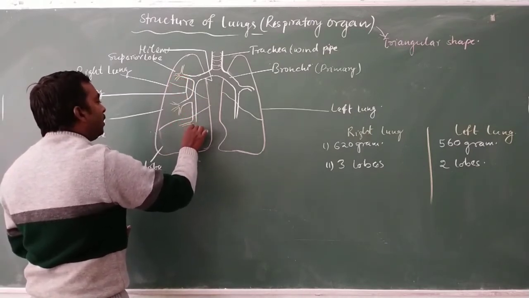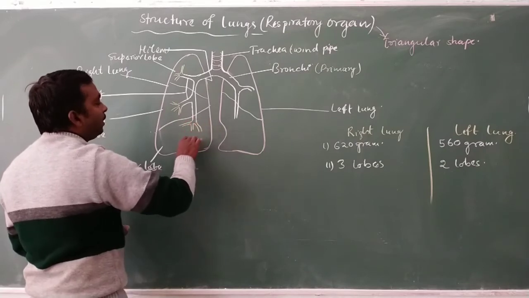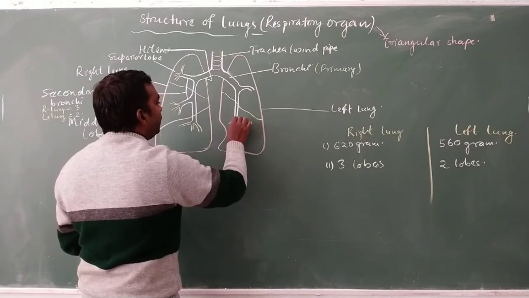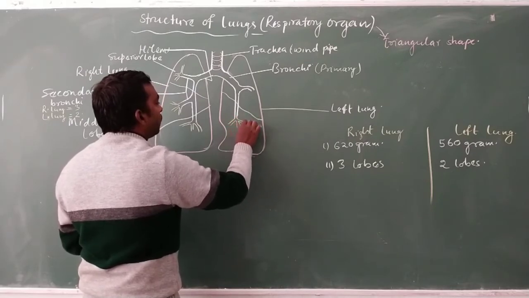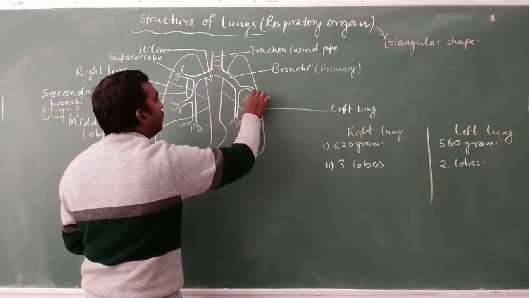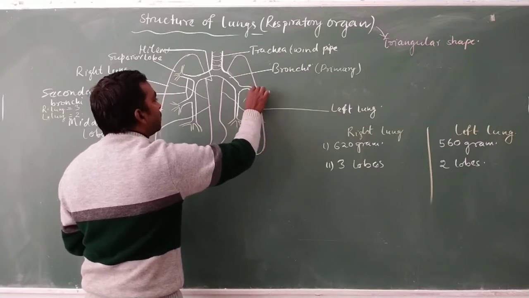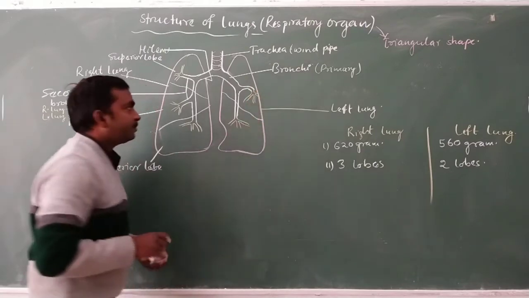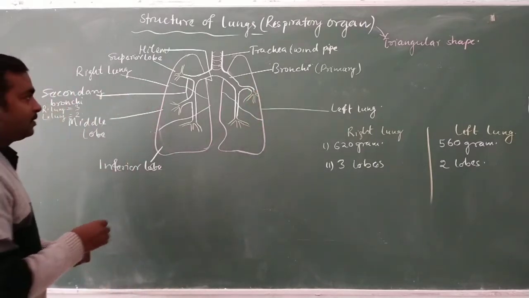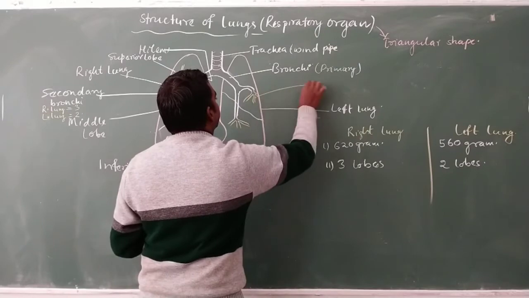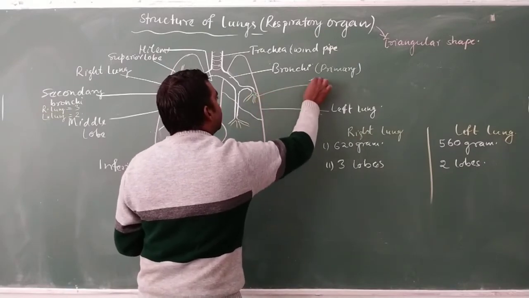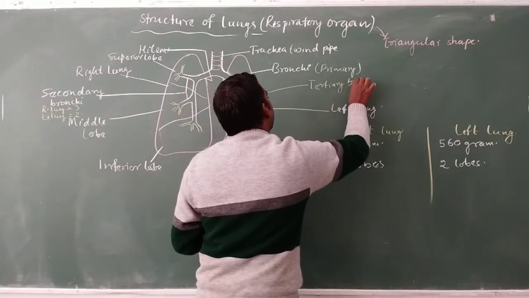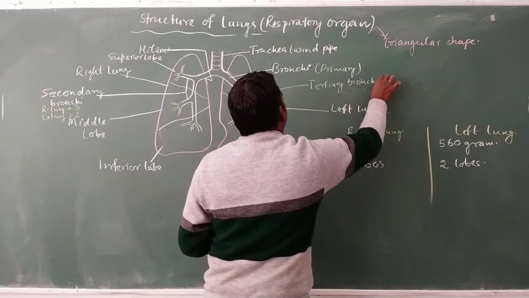Into each lobe of the right and left lung, the primary bronchus is divided into the secondary bronchus, and the secondary is divided into the tertiary bronchus.